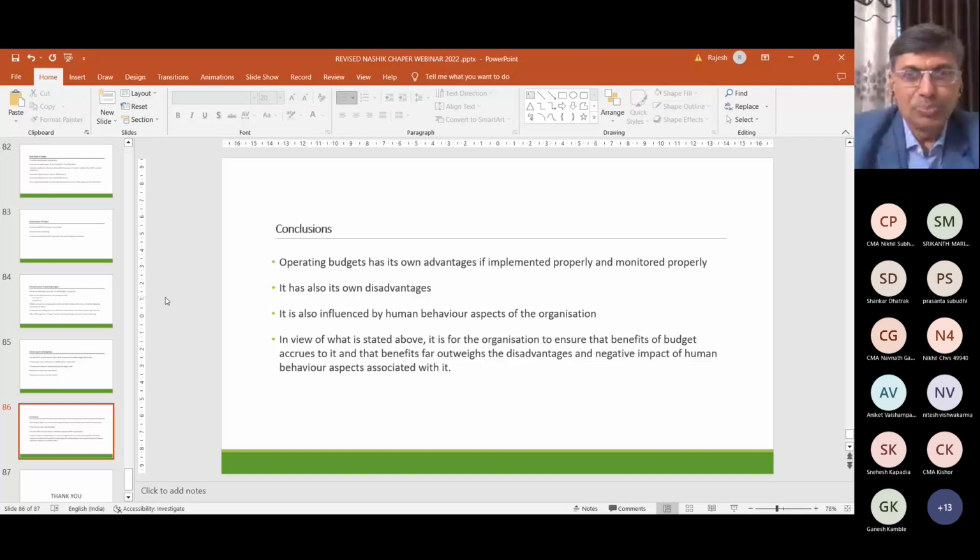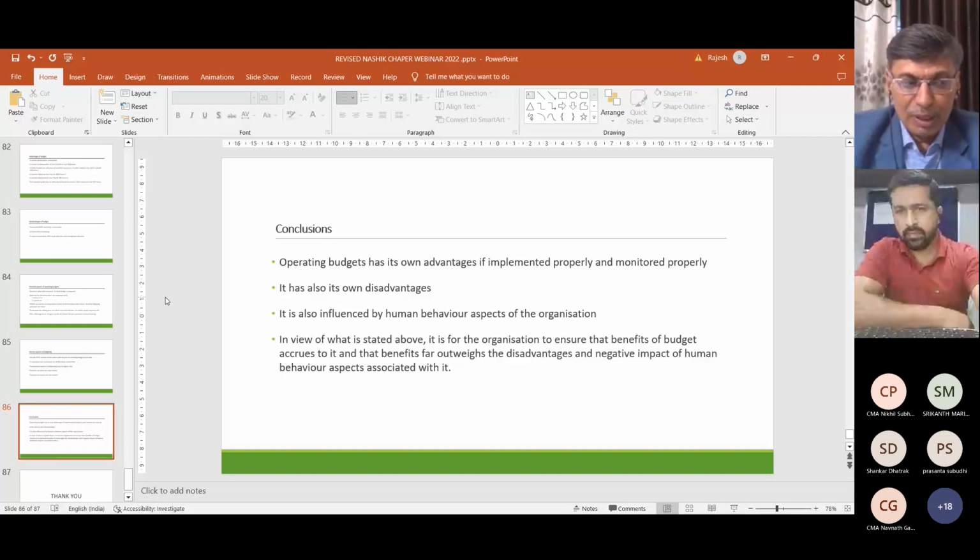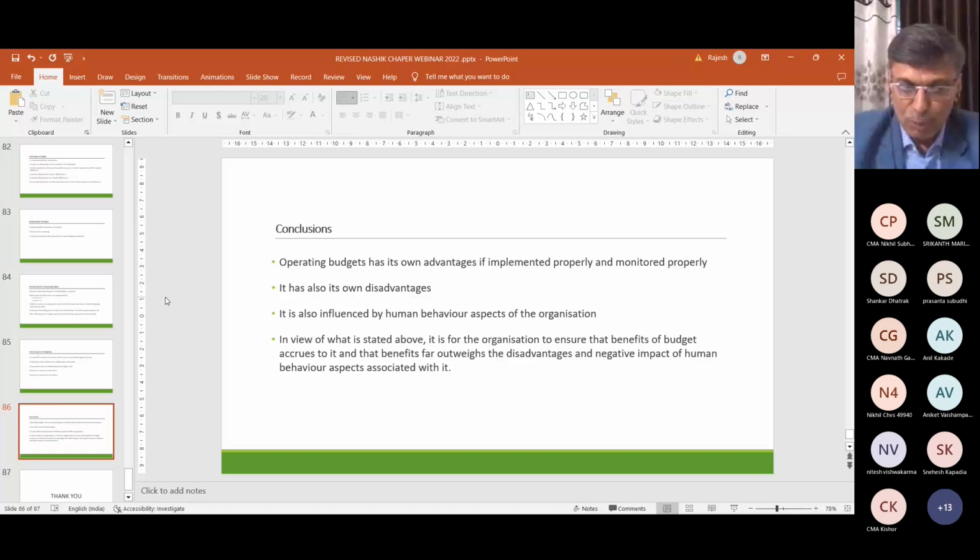Here, I would like to add one point that sometimes the company may adopt a rolling budget also. Rolling budget in the way that when the budget is prepared in the month of December or January or February, one set of situation exists at that time, and depending upon that situation, the budget is prepared.